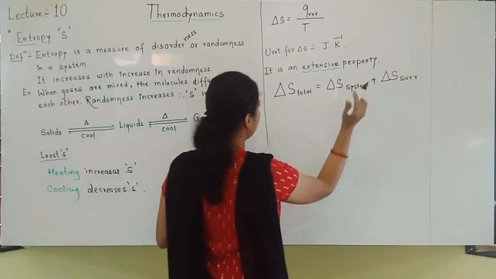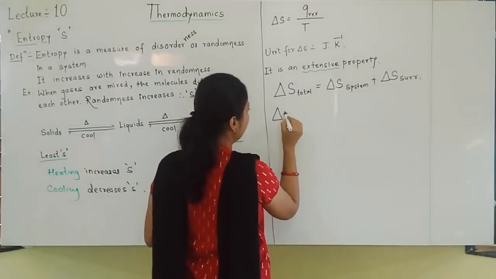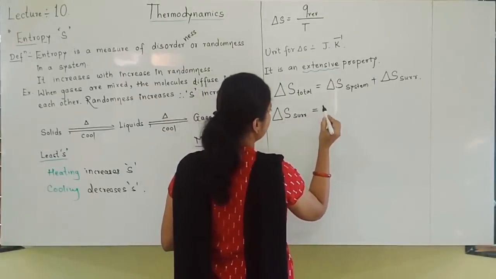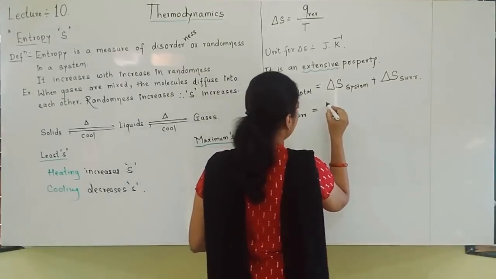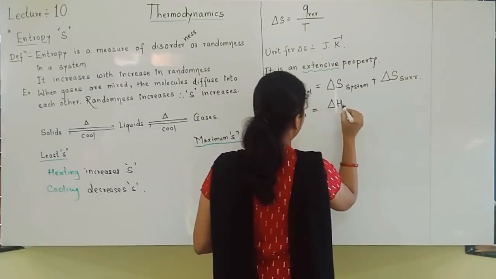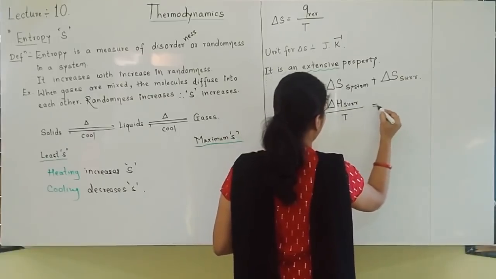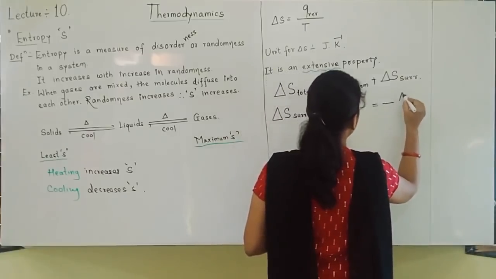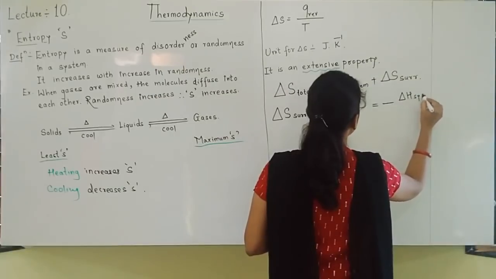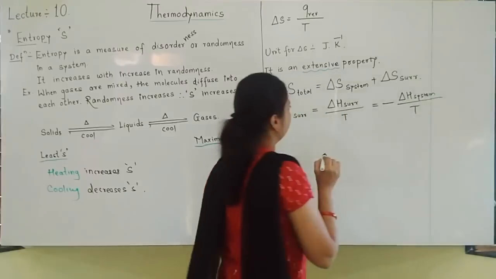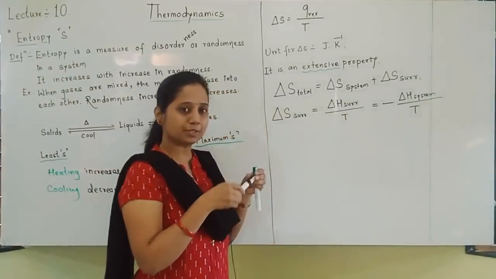Again, for the surrounding you can remember one formula: delta S of surrounding is equal to delta H of surrounding divided by temperature, or you can say minus delta H of system divided by temperature. How can you say that?